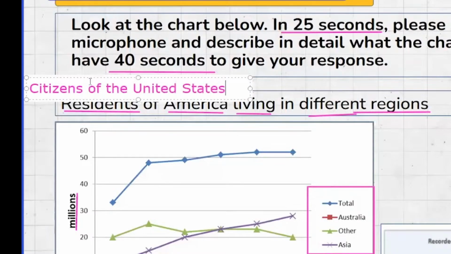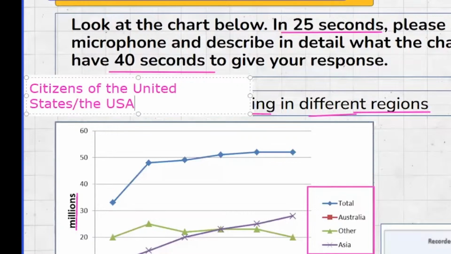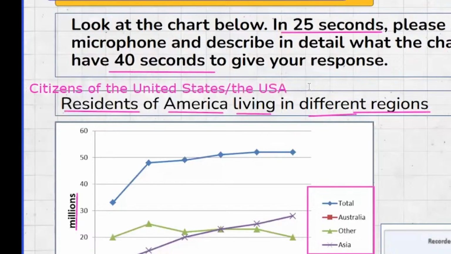United States of America, right? Or the USA, you can also write. And what about the word living? Well, I can also use the word residing. So look at this, we'll be able to paraphrase the topic very easily with the help of these synonyms.